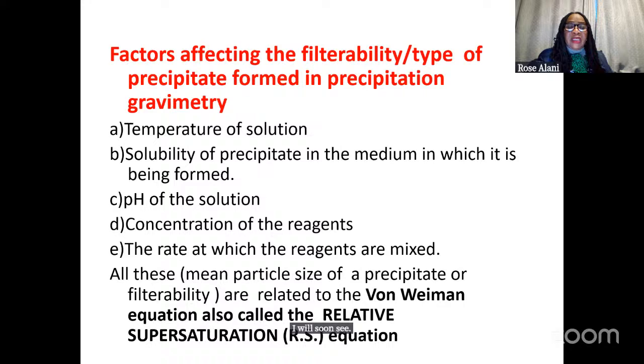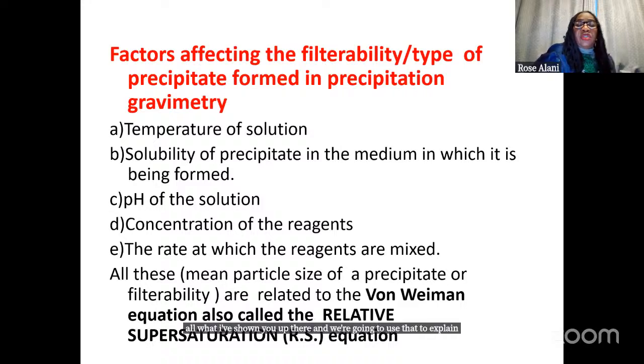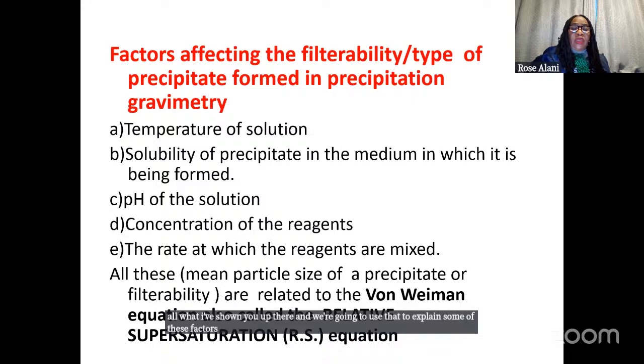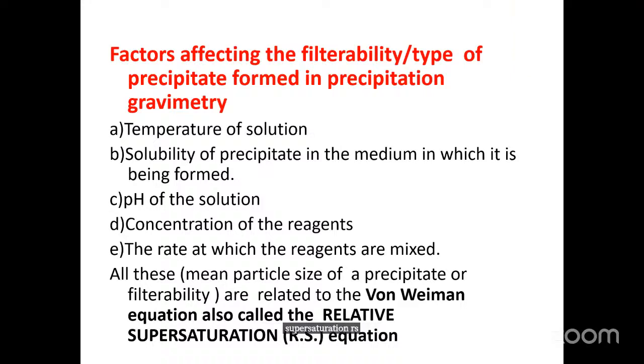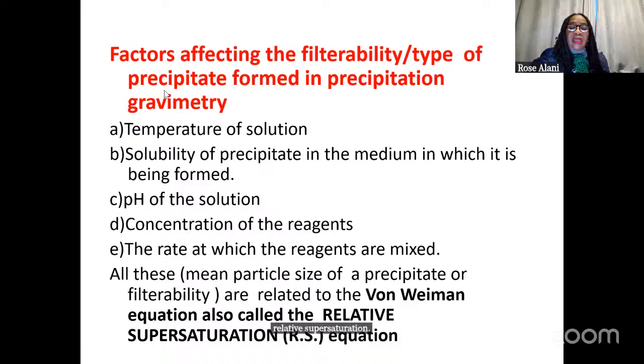So all these are related to what is called the von Weimarn equation, or what I've shown you up there, and we're going to use that to explain some of these factors. The von Weimarn equation, otherwise also called relative supersaturation, RS.